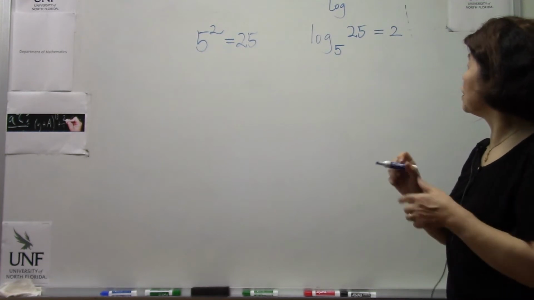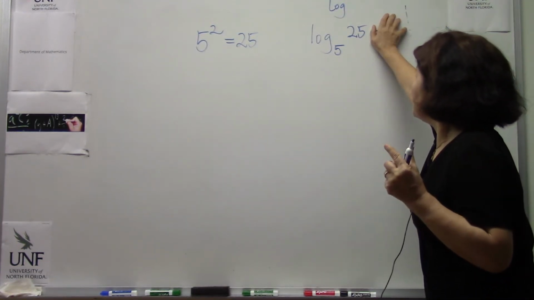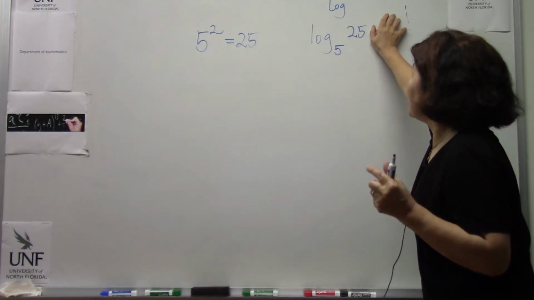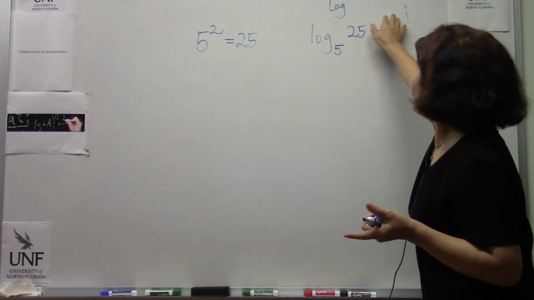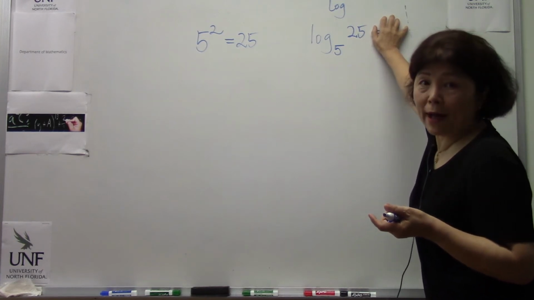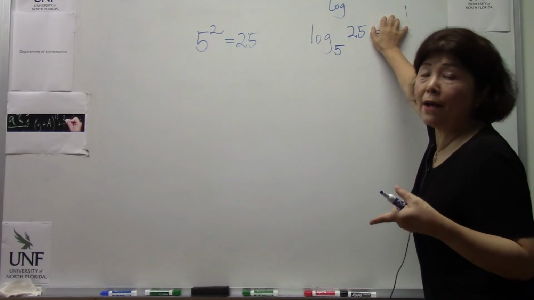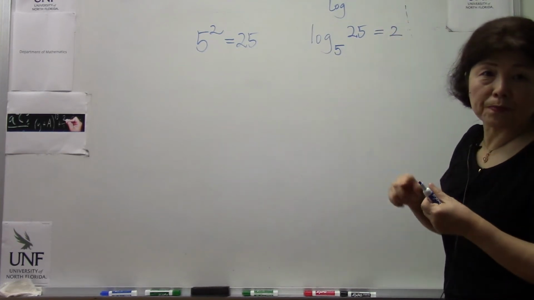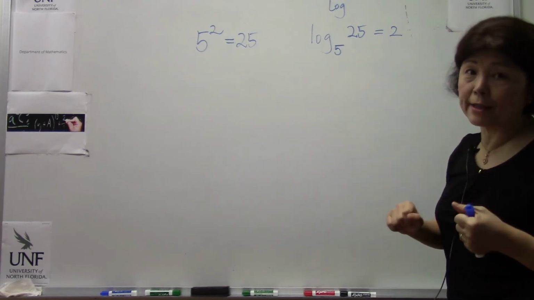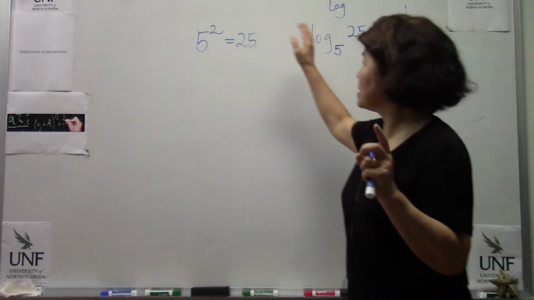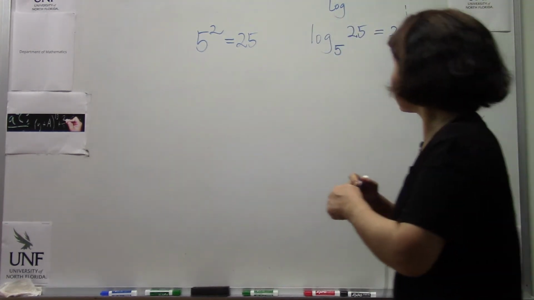How do we understand it? 25 is what power of 5? Or what power of 5 will make 25? Everybody understands that 5 squared equals 25, therefore the answer is 2. In order to calculate logarithms in your head, you must know these exponentials.